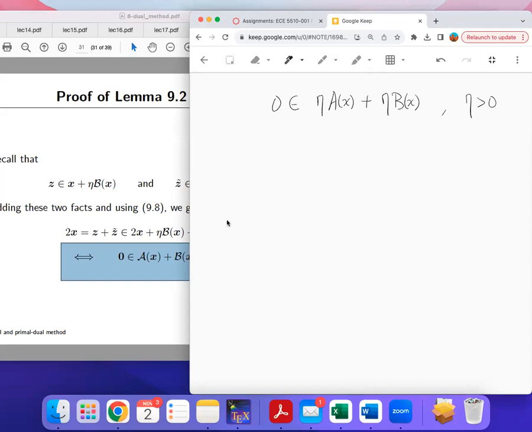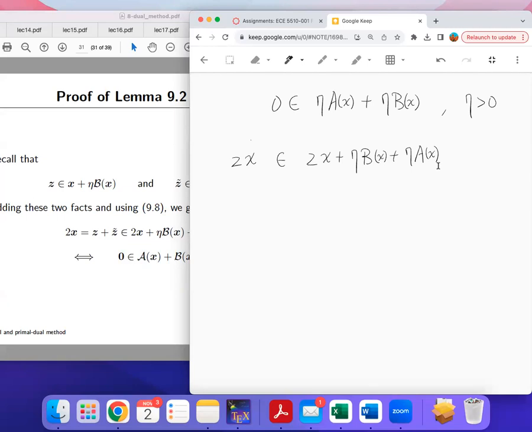And then I can add 2x to both sides. So 2x belongs to 2x plus eta Bx plus eta Ax. Again, I'm just adding some terms to both sides.